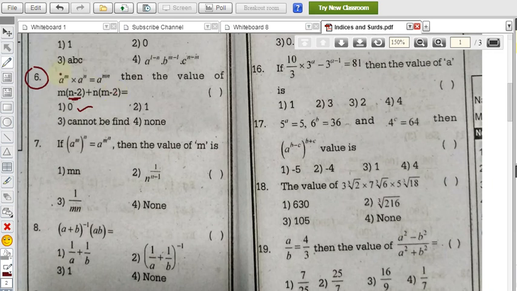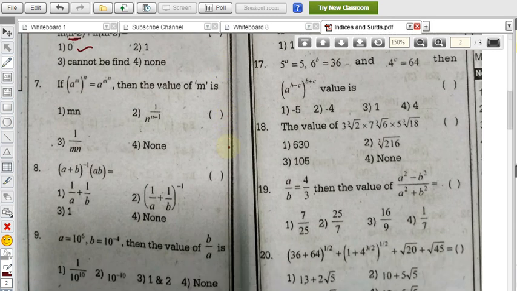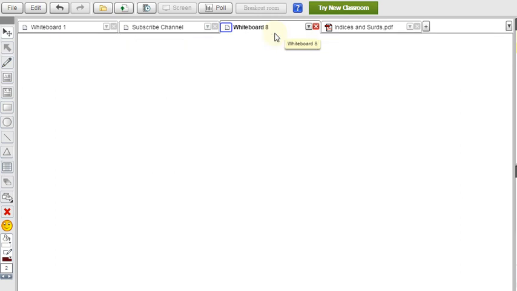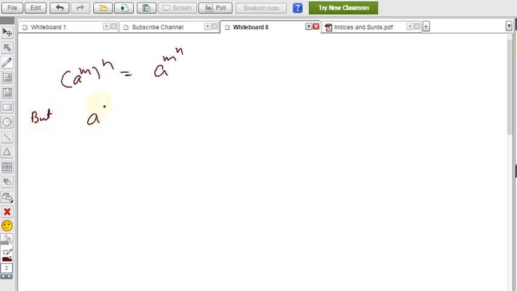I'll explain the seventh. By the formula, a power m whole power n is a power mn. Given that a to the power m whole to the power n is equal to a power m power n, and we know a power m whole power n is a power mn.